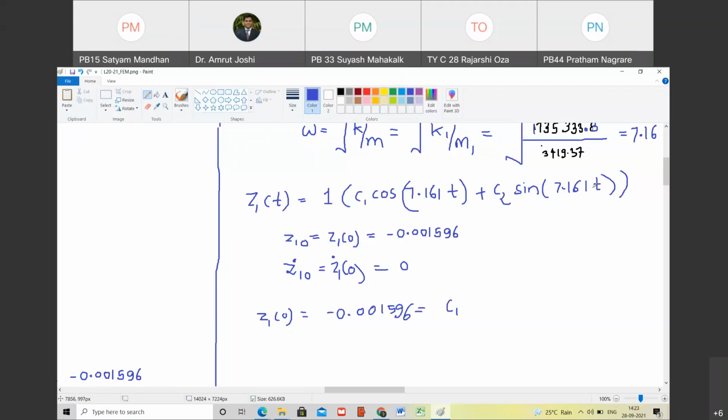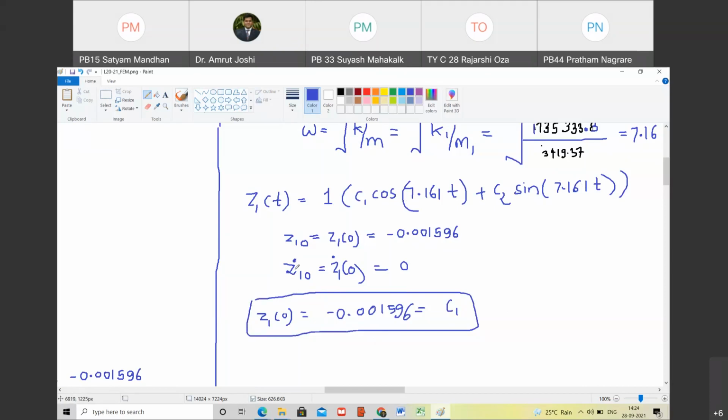Sine of 0 is 0. Do you agree? Yes, sir. Therefore you got the value of C1. So C1 equals minus 0.001596. Utmost care must be taken that you are substituting the units of each and every quantity in a predefined way. It has to be done in one system. Are you with me? Yes, sir.